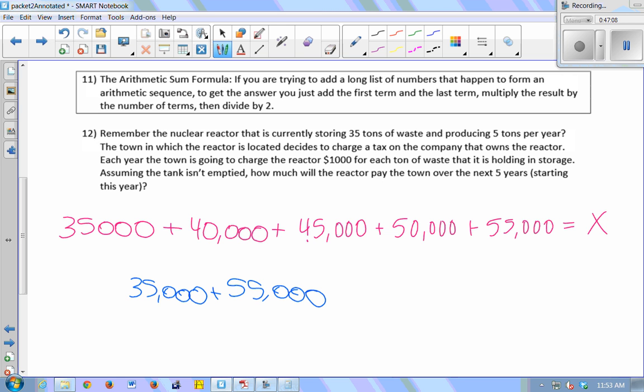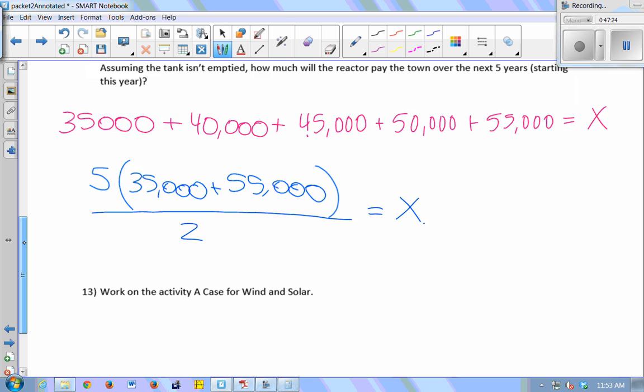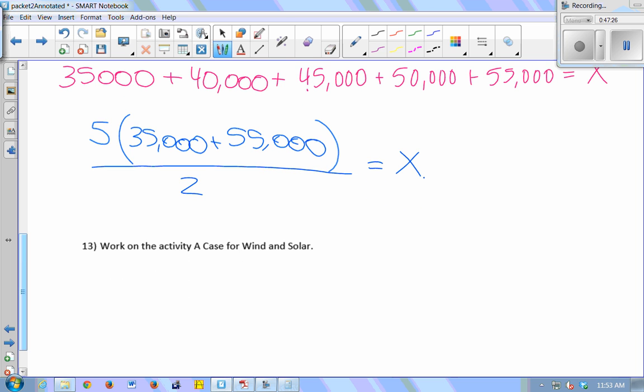Add the first term and the last term. Multiply the result by the number of terms. How many numbers am I adding up? 5. And then divide by 2. That should be my sum. Add the first term and the last term, multiply by the number of terms, then divide by 2.